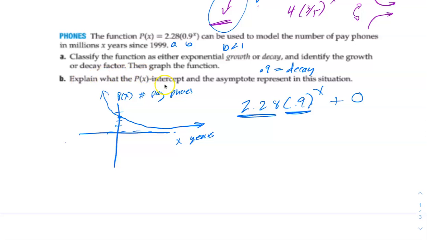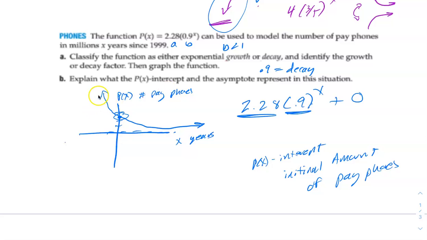Explain what the p(x) intercept, so the y-intercept, is. This is the initial amount. That's that guy. That's the initial amount of payphones. So that's what that is.